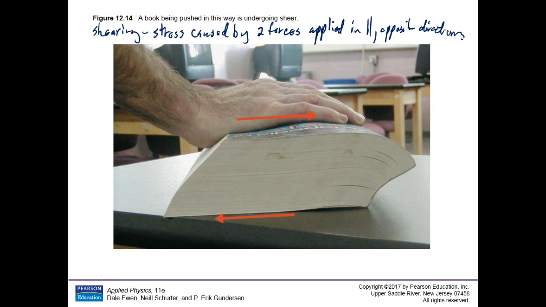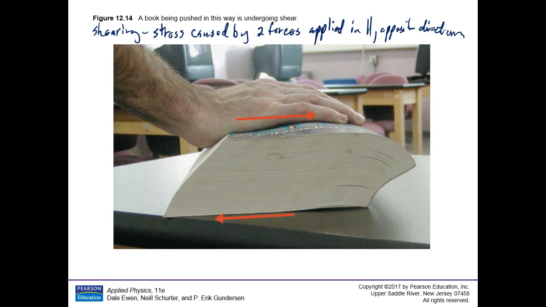Okay. Here's the book. It's a loose leaf book. It looks like it'd be a phone book or a catalog or something like that. And number one, he's pushing down on it a little bit, making the friction great between it and the table.